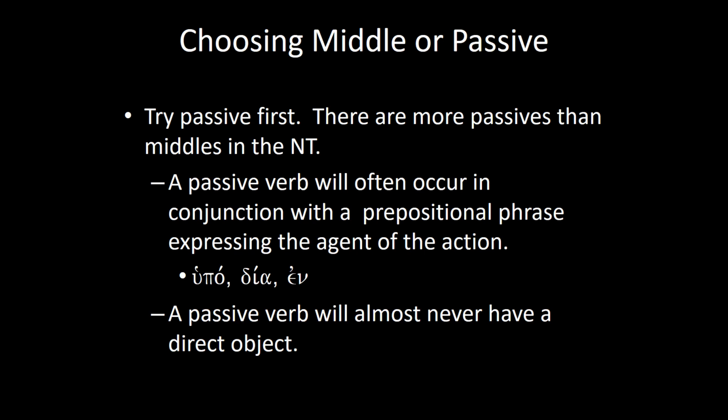Another hint, a passive verb will almost never have a direct object. I am being hit. It's hard for that to take a direct object. It is possible with some verbs. I am being called teacher, so that could work. But more often than not, it's hard for a passive verb to take a direct object.